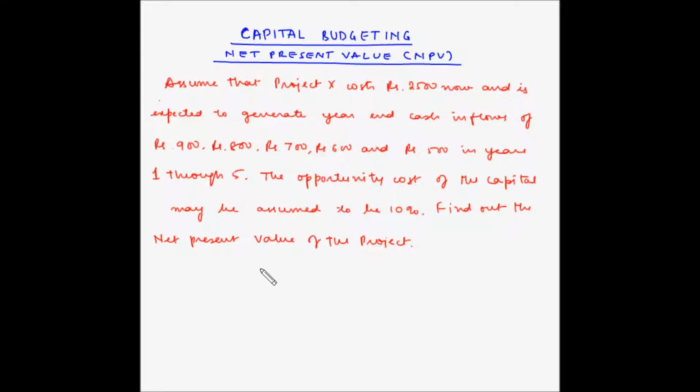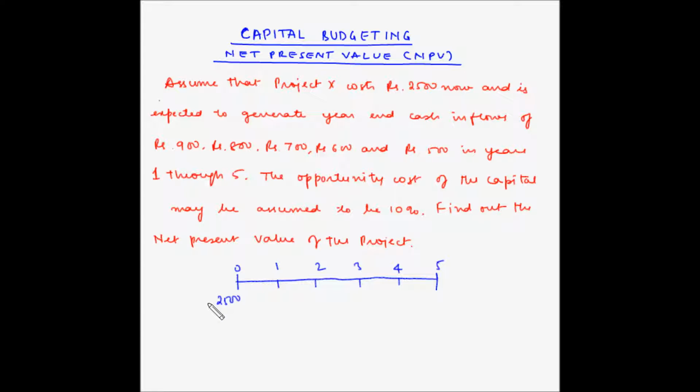So let us first depict this problem in the form of a time scale. So 0, 1, 2, 3, 4 and 5. Now the initial cash outflow is 2500.